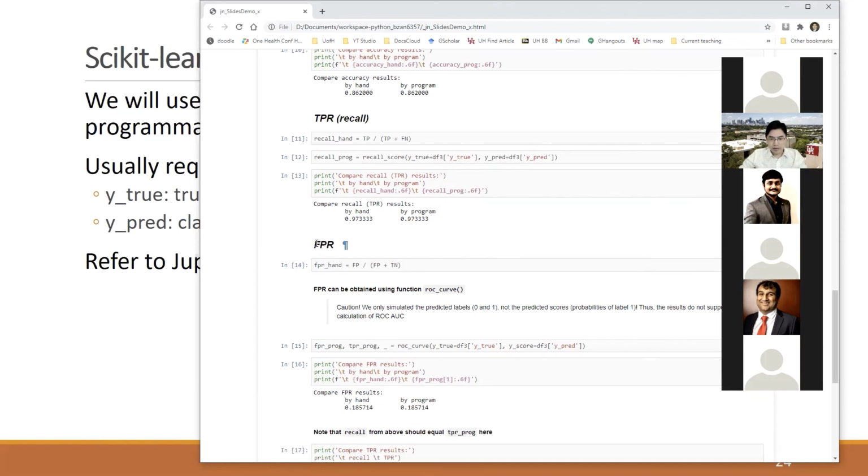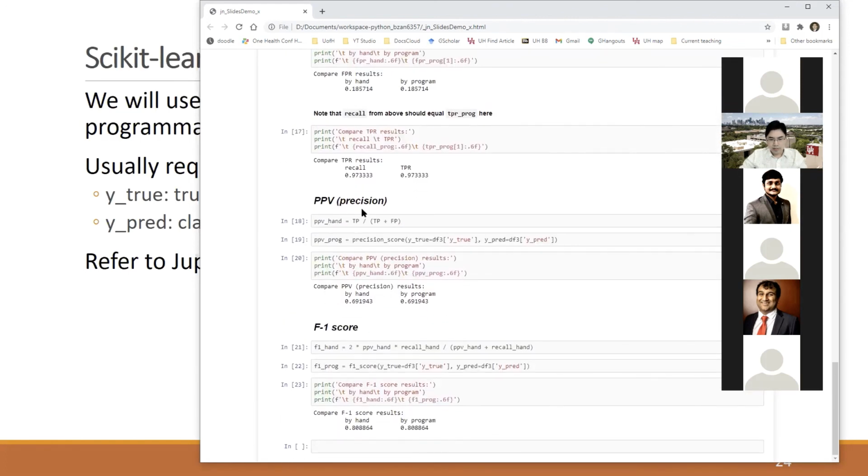So be careful. But you can get false positive rate by using the ROC curve function, because ROC curve basically uses 2 measures and produces 2 measures. It produces the true positive rate and it produces the false positive rate. So you can get the false positive rate by using the ROC curve function.